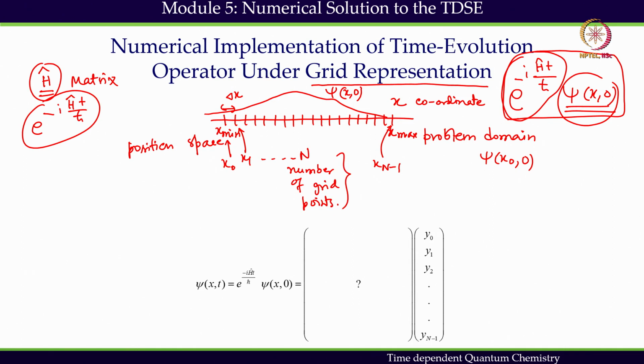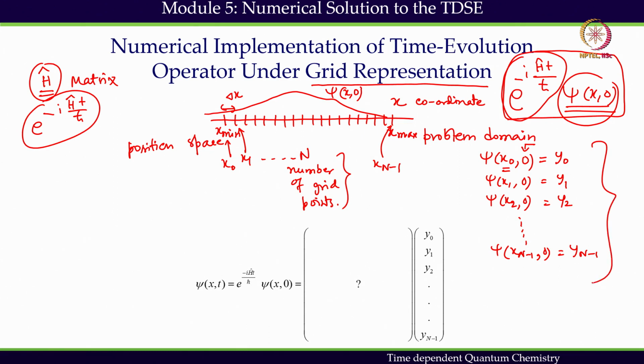The function value at x 0, all at t equals 0, is going to be y 0, then x 1 gives y 1, x 2 gives y 2, and so on, until x n minus 1 gives y n minus 1. These are the discrete values we get.